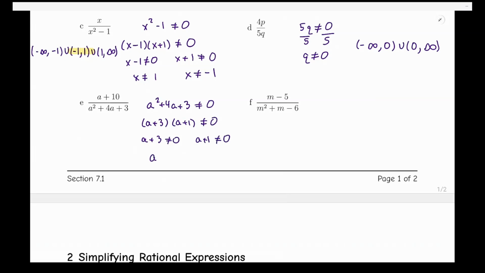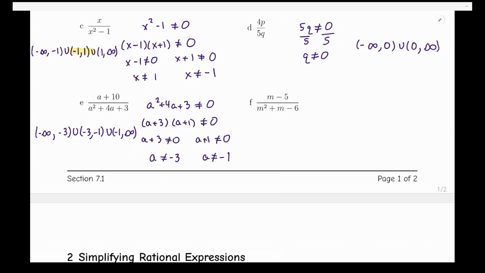So that implies a cannot equal negative 3, and a cannot equal negative 1. And again, that is inequality notation. For interval notation, it will be negative infinity to negative 3, union negative 3 to negative 1, union negative 1 to infinity.